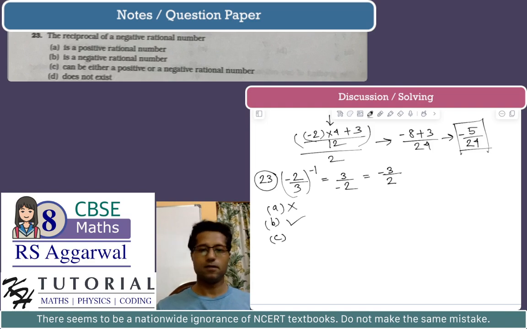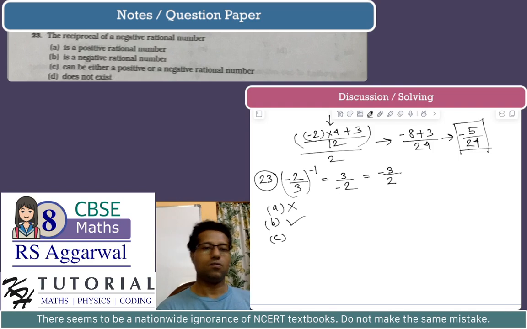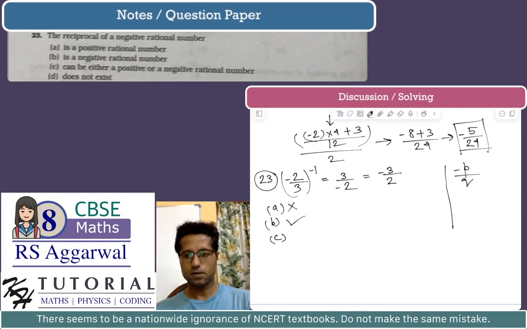It is saying the reciprocal of a negative rational number. Now what is a negative rational number? A negative rational number will always be in the form minus p by q. I am writing RN in short for rational number.